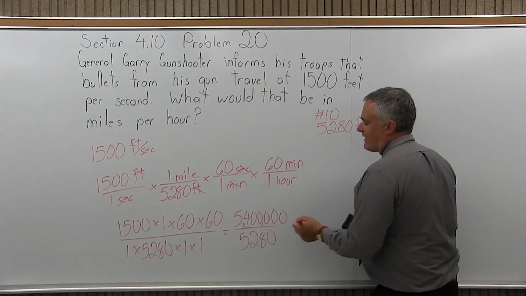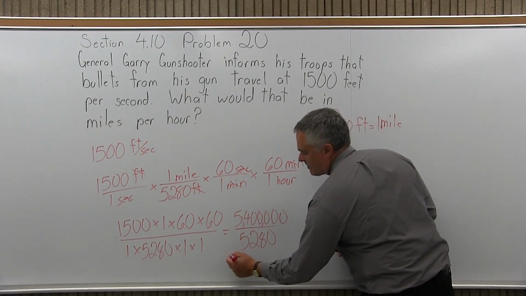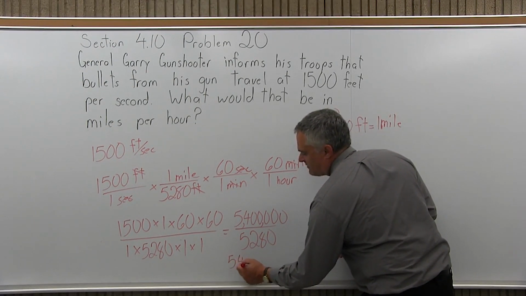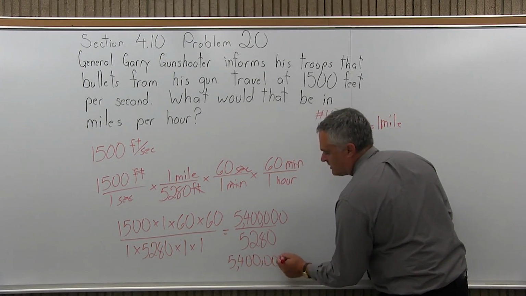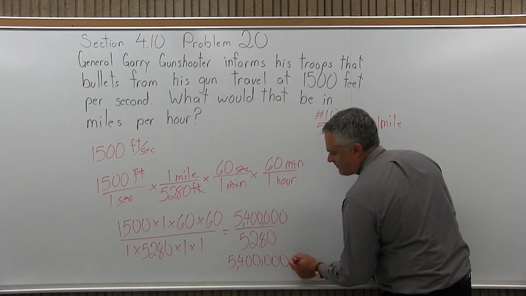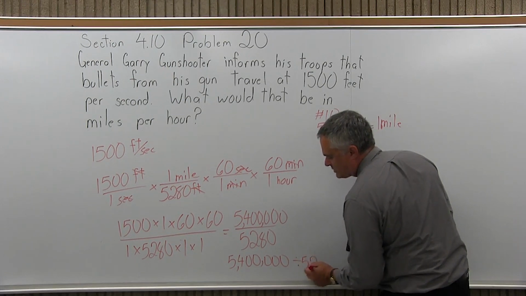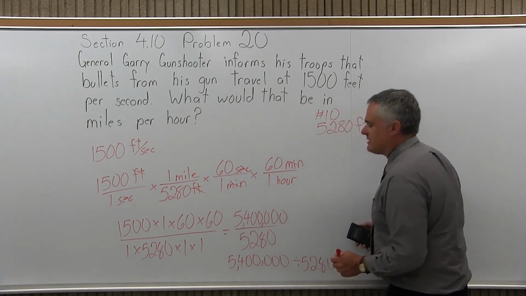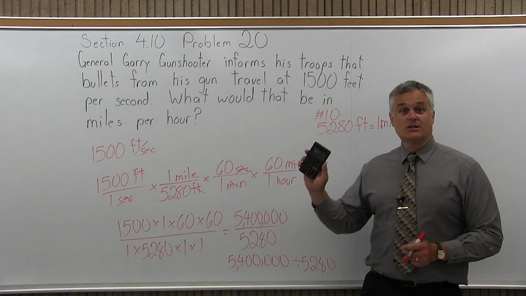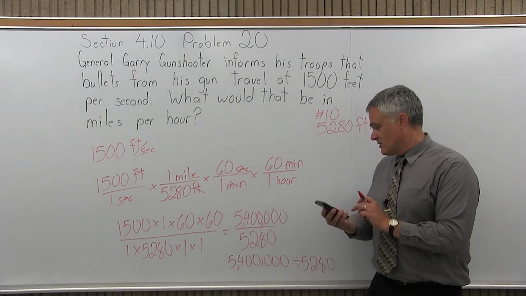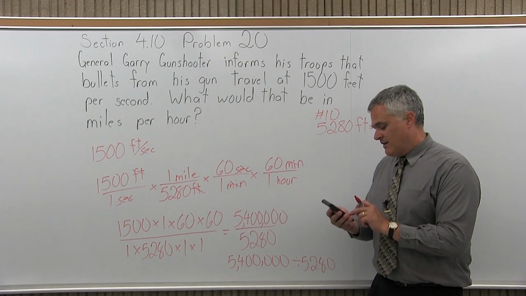So what I'll have to do is do this division. 5,400,000, the number from the numerator, divided by 5,280. Again, not something I want to do without a calculator. The 5,400,000 is still on the screen now, so I'll just leave it on the screen. Divide by 5280, enter.